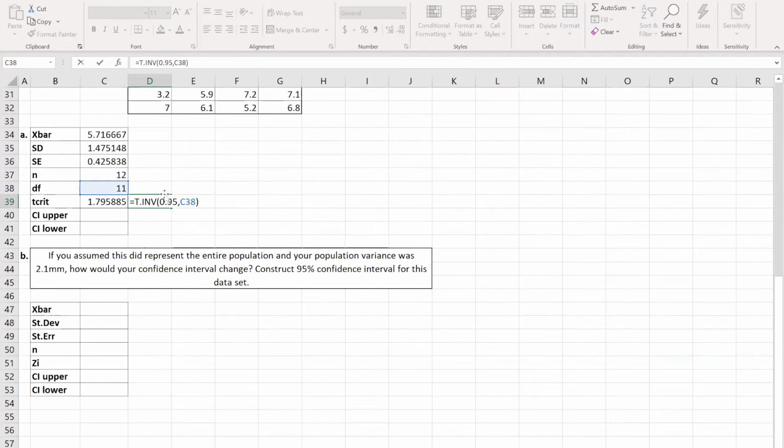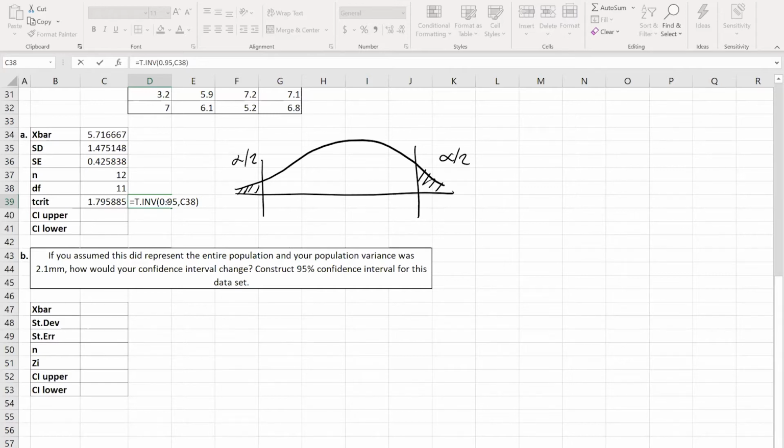Because with the t.inv function, you have to think of this alpha as if it was on a number line. We want alpha over 2 over here and alpha over 2 over here as well. If we actually think of this as a number line from 0 to 1, I know usually we think of the mean in the center, but this x-axis is a number line from 0 to 1.